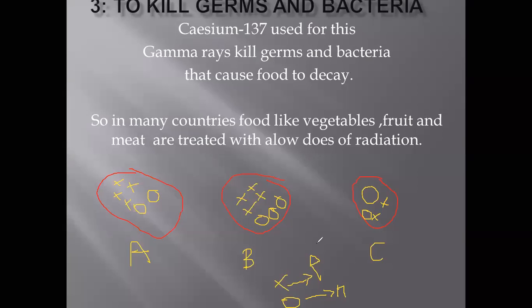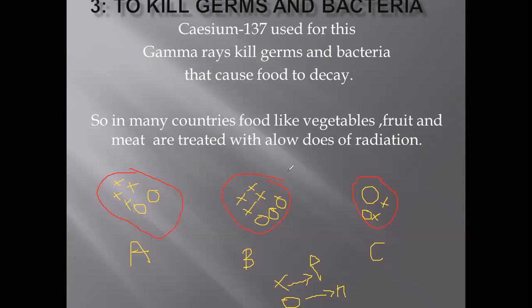So the same number of protons, but different number of neutrons. So isotopes are what and what? The same number of protons and different number of neutrons. So which nuclei here are isotopes of each other? A and B. Yes, exactly. Thank you, Karim.